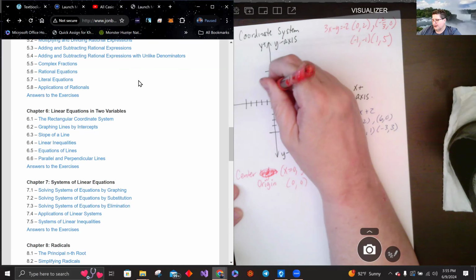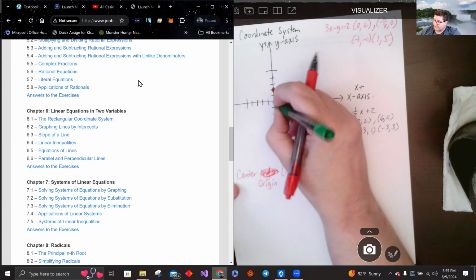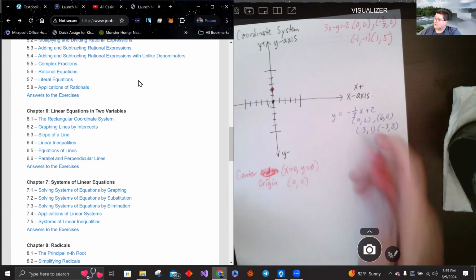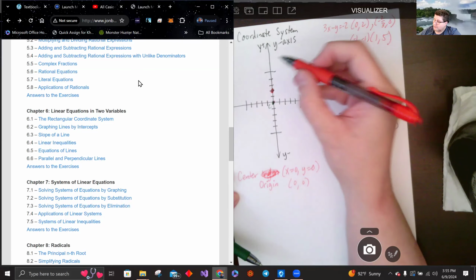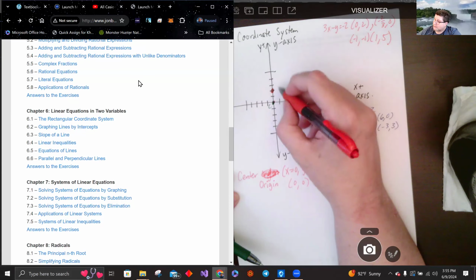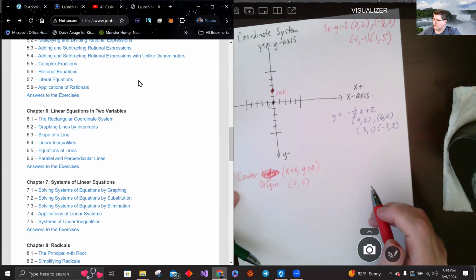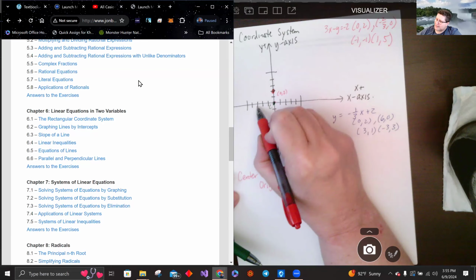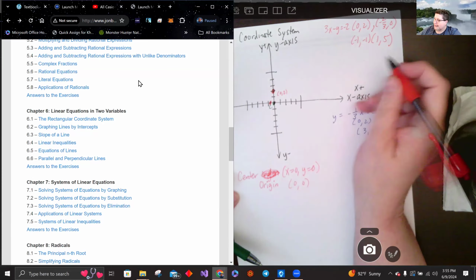This point here is (0, 2). As I go left from the center, x changes and goes negative. (-2/3, 0) is probably there.